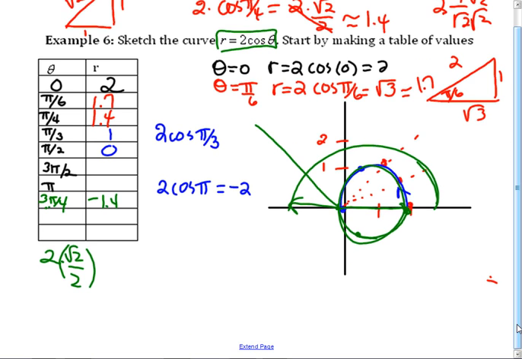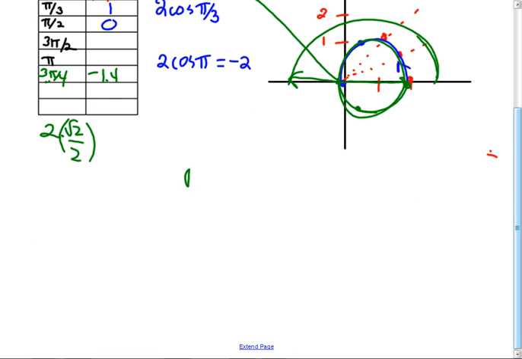But what if I have r equals 2 sine of theta? Where do you think that one is? Give me on the other side, I guess. Well, let's do theta equal to 0. What's the sine of 0? 0. So then should we do pi over 4?